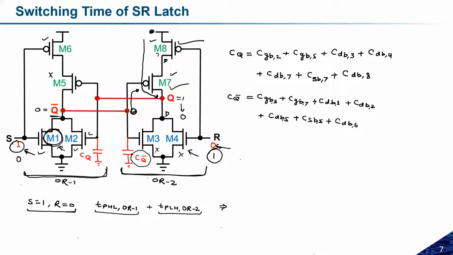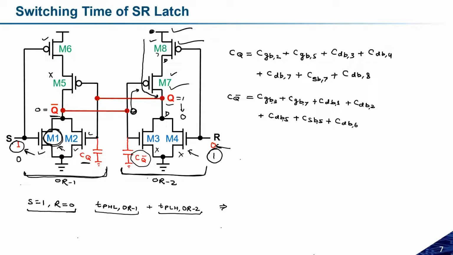Once the logic changes from high to low at this Q bar, it activates transistor M7. Now it will get a full path from VDD to the Q to charge this capacitor CQ. Okay, so this is how the charging happens.